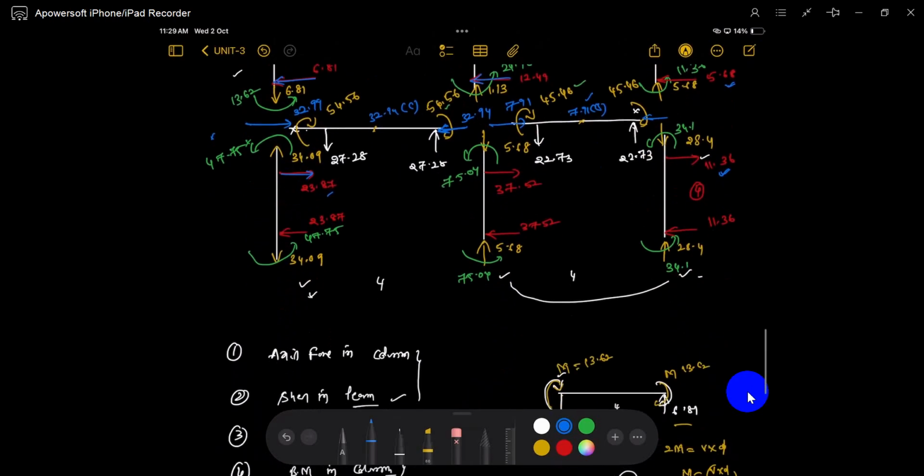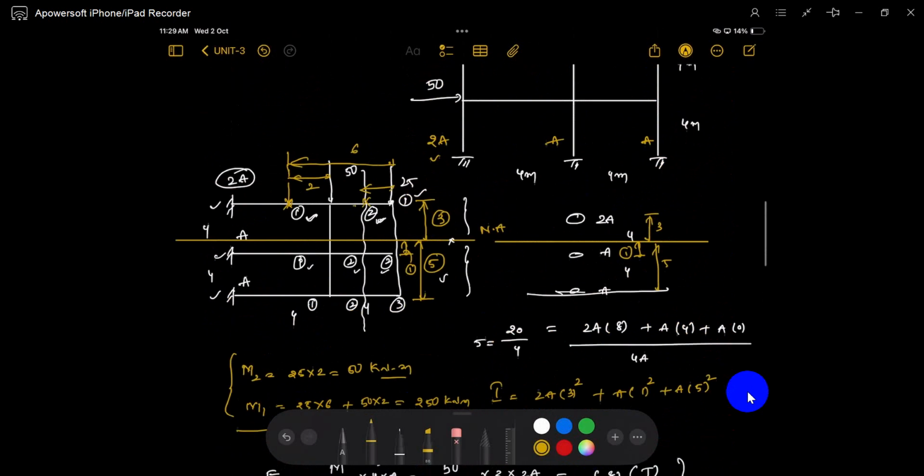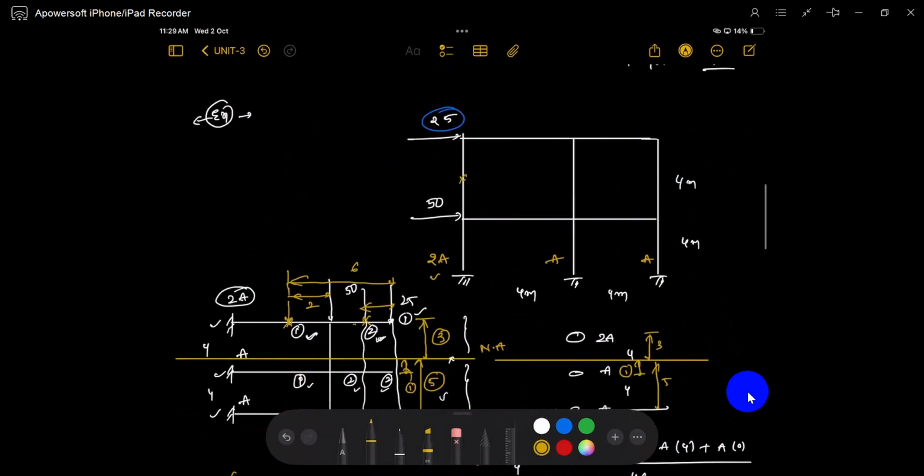Okay, now you may draw the bending moment diagram and shear force diagram, putting the point of contraflexure at the center. You may mention the bending moments. Those bending moment diagrams are over.